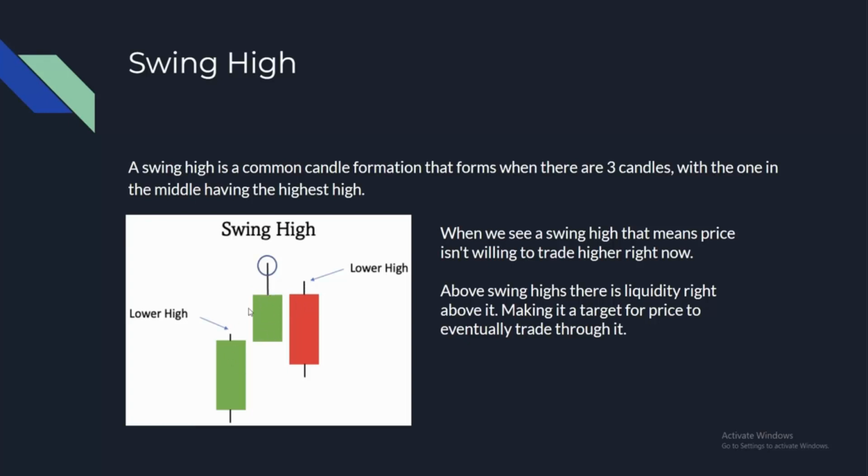So from these 3 candles, the one in the middle has to have the highest high to be considered a swing high. When we see a swing high, that means price isn't willing to trade higher right now. And more importantly, above swing highs there is liquidity right above it, so it's an area of interest. Anywhere there's liquidity, you would like to mark it out on your charts, because eventually price has to go to that level.